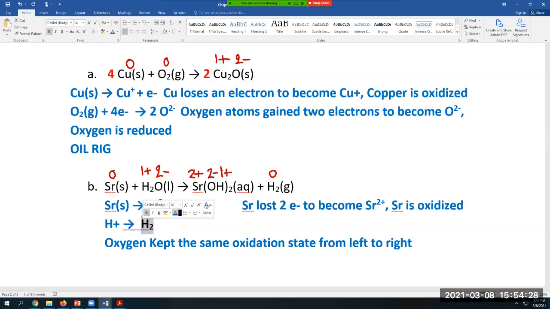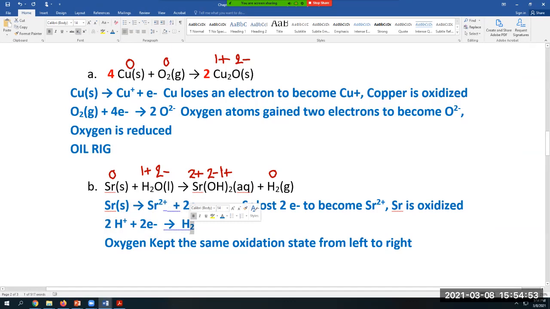So that tells you here there was a change. And so H plus to become H2, that means you need 2 H plus, right? And they will each need to gain an electron, so plus 2 electrons will become H2, right? So we need 2 H, that's why we have 2 H plus here, because we have 2 hydrogens on the right. And each H plus will gain 1 electron to become H2.